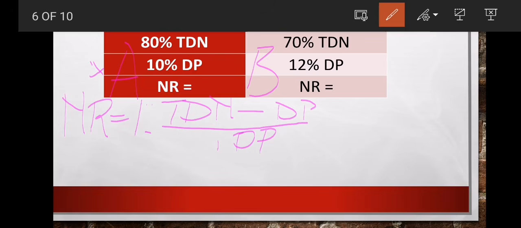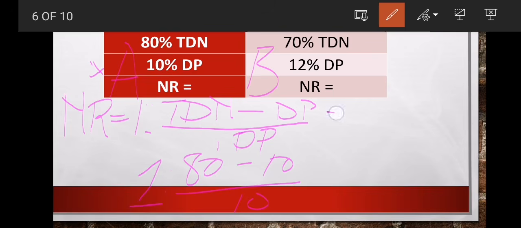Let's substitute. For TDN, it's 80% minus DP, which is 10%, divided by DP, which is 10%. Remember, you don't forget the 1 here.